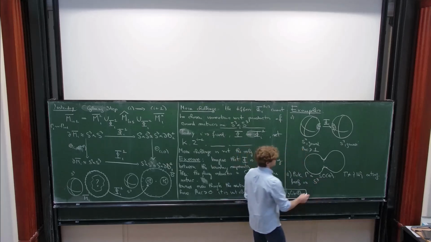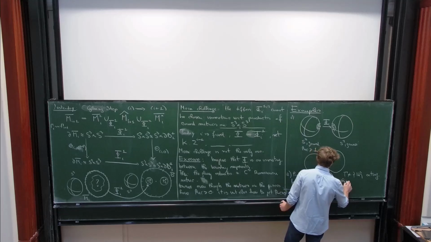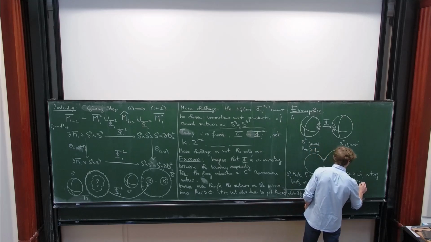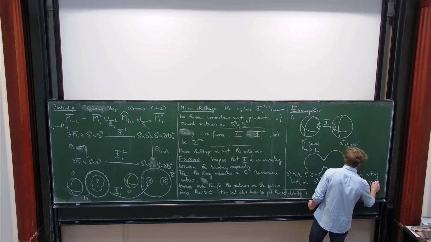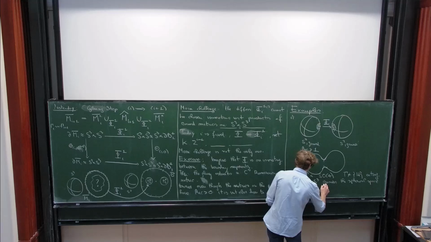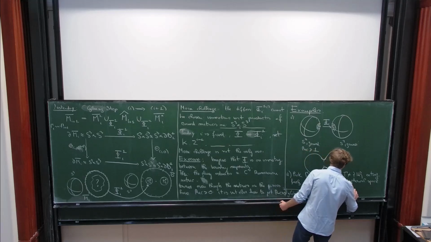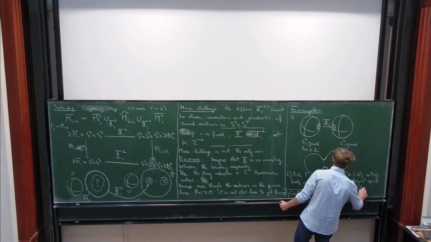And consider the spherical space form S3 of gamma with pi1 isomorphic to gamma.